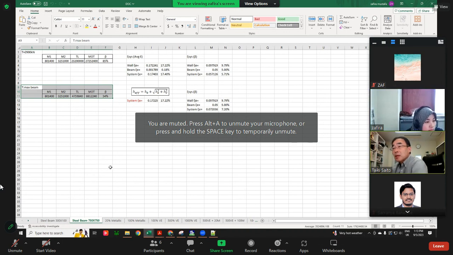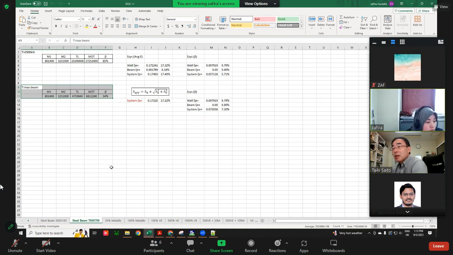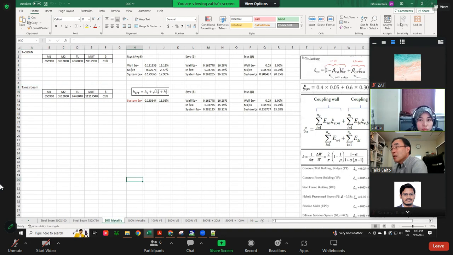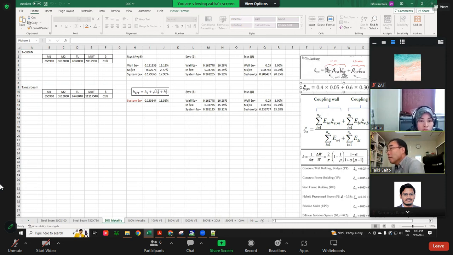And then I also compare the calculation. So we have a few formulas. These two are from the poly books. Basically this also from the poly books, but this one is based on the energy. And this one is based on the degree of coupling. And this one is for when we apply a metallic damper or any kind of energy dissipation device.